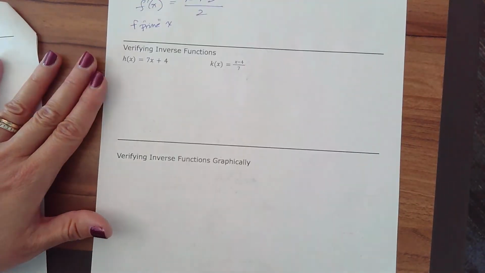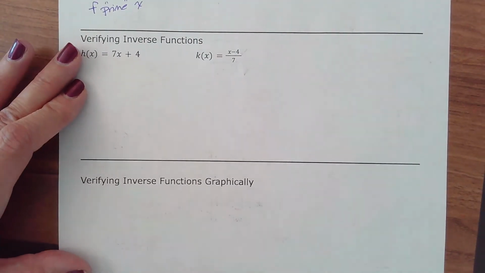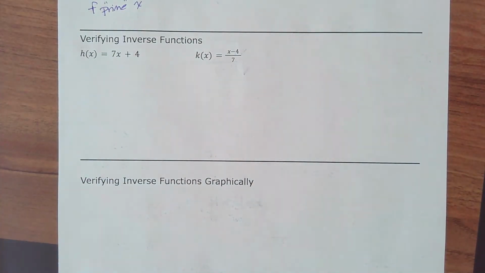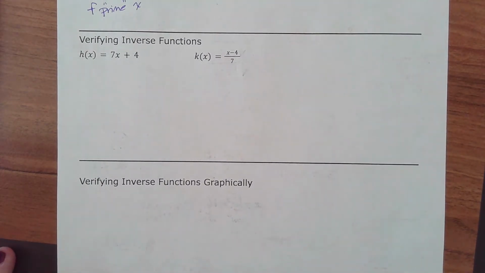Now let's talk about verifying inverses. This is probably what you did do in Algebra 2. I know I taught it with my honors classes. I'm not sure if they taught it in regular Algebra 2 or not. But basically there's a rule, a theorem. Not like an old school geometry theorem, but this is a little easier.